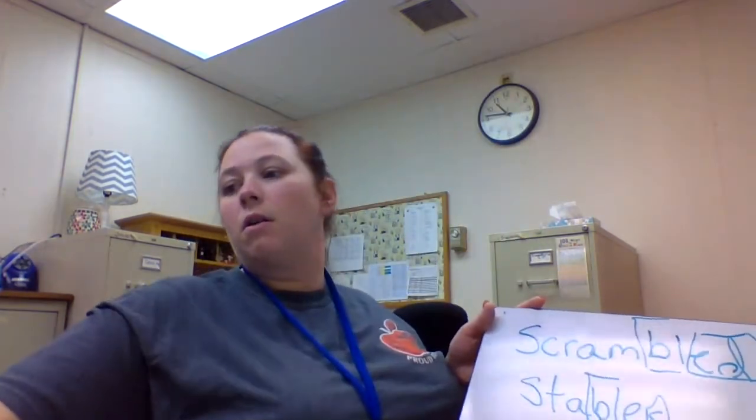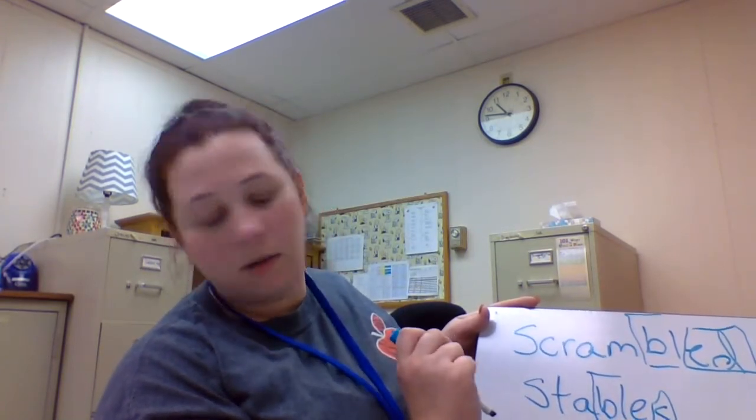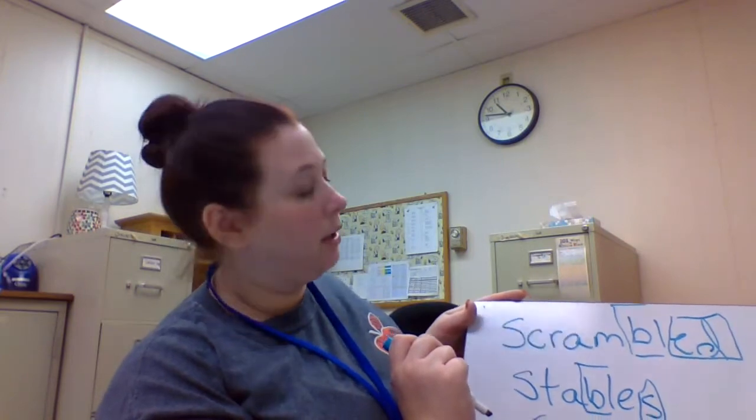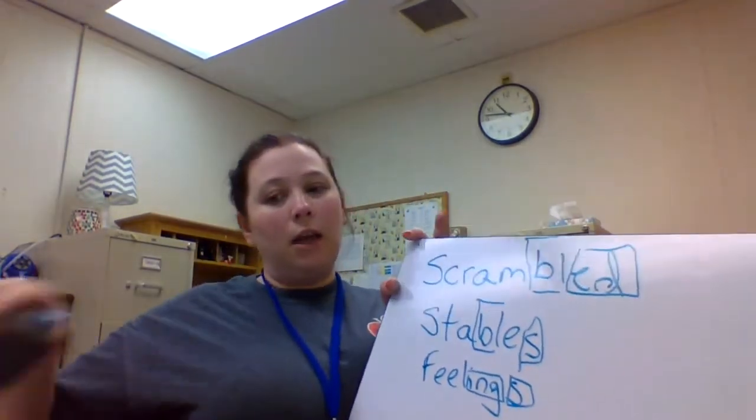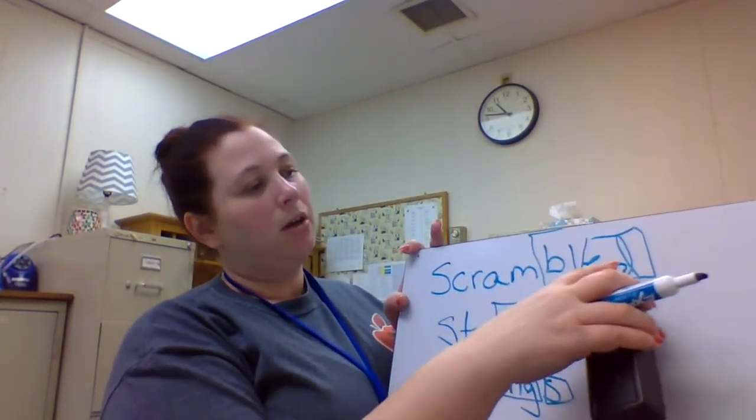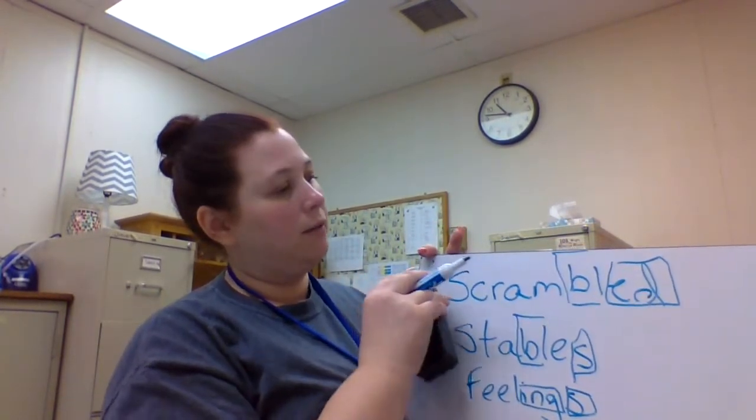But we can box that off. And then here we have this ing and this. So we're going to box those off separately like that. Sorry, Miss White doesn't have it in the video. All right, so you can have that final stable sound, but with a suffix at the end of it.